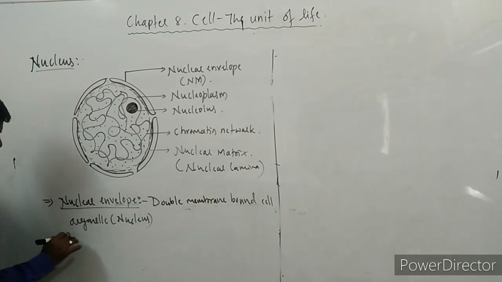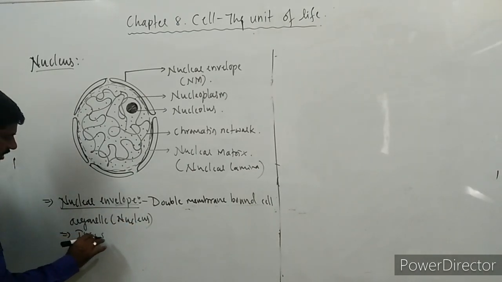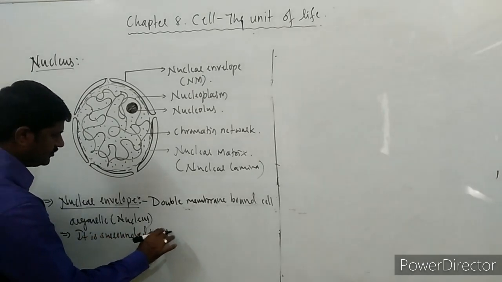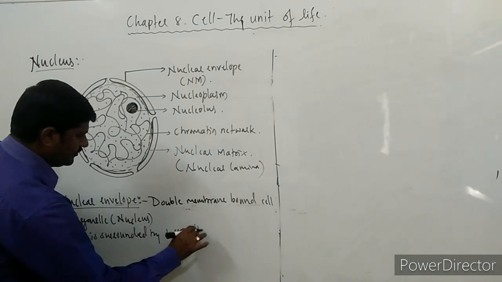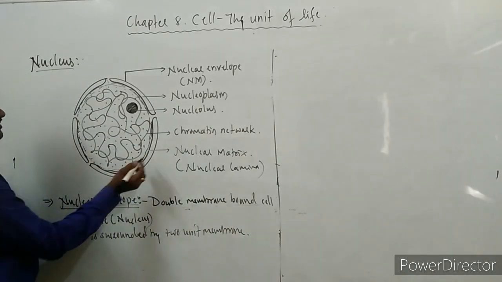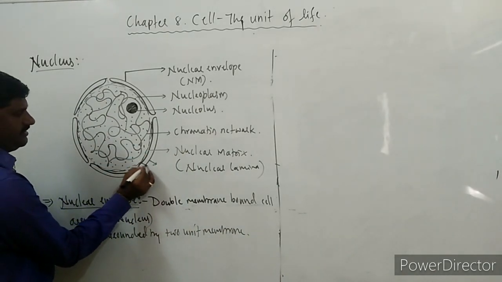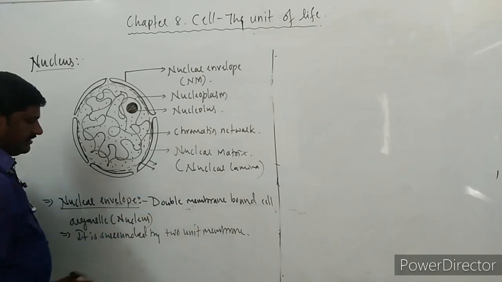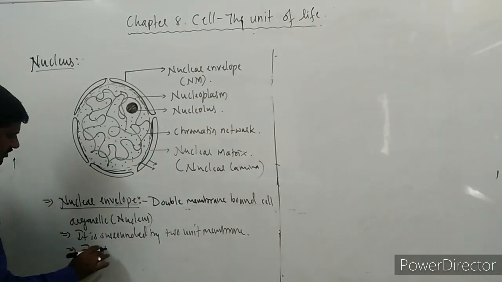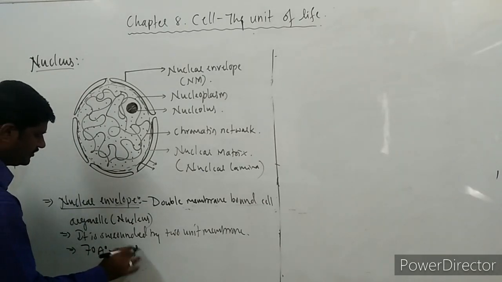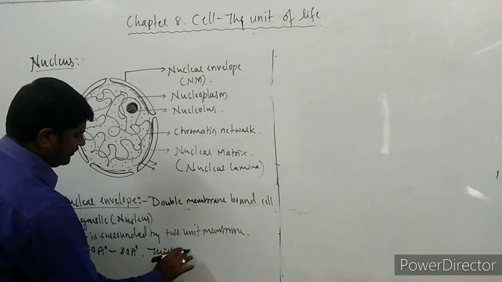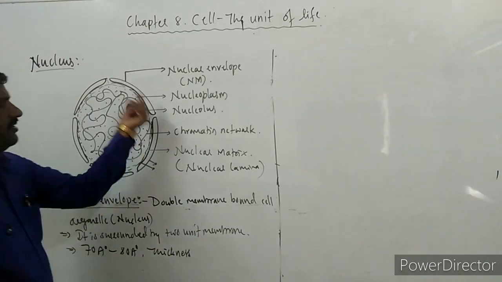So it is surrounded by two unit membranes. This is one unit membrane, this is another unit membrane. The thickness of this unit membrane is about 70 angstrom units to 80 angstrom units, right?